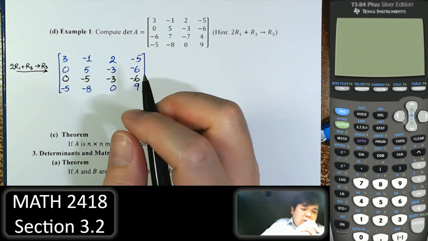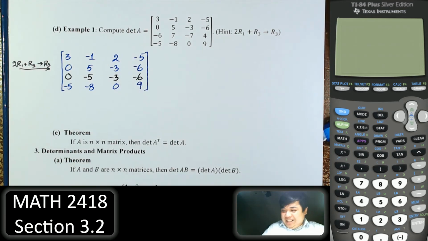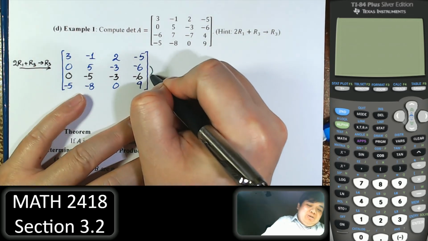What's so special about that? Oh, I see now. When we do that, notice that these two rows are the same.